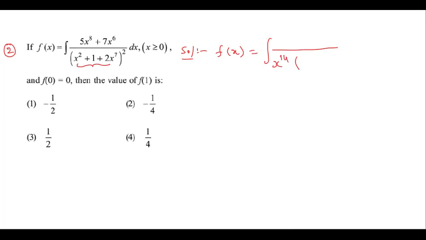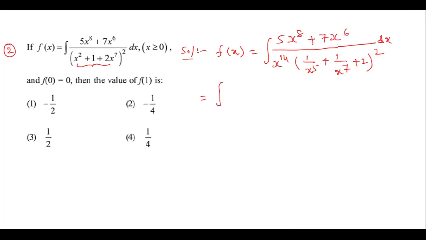So x power 7 common means here what will come? x square by x power 7 is 1 by x power 5, plus 1 by x power 7, plus 2, whole square. Numerator is 5x power 8 plus 7x power 6 dx. Now the denominator x power 14 is there.